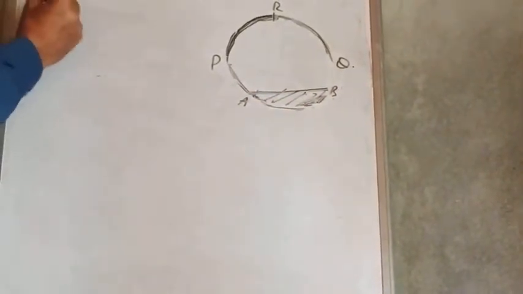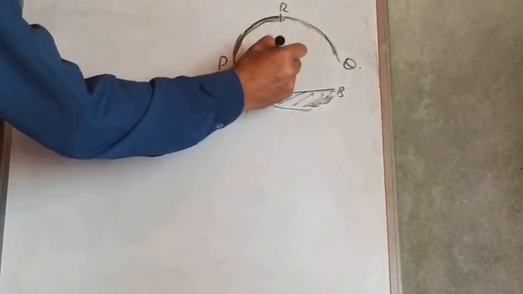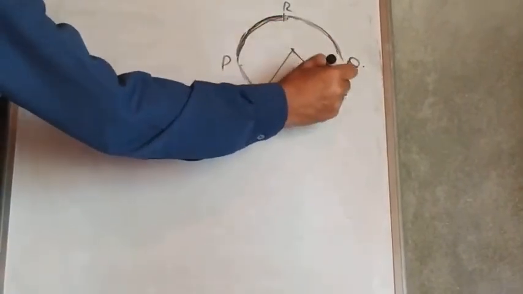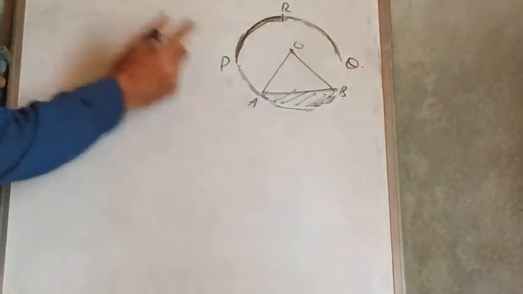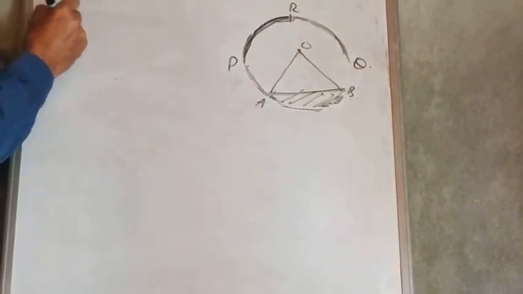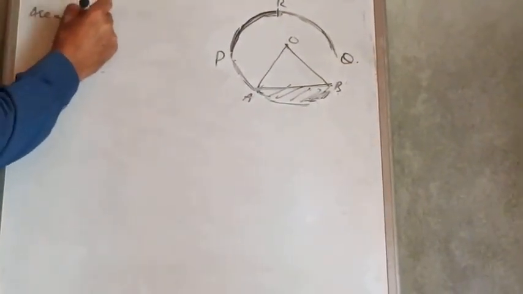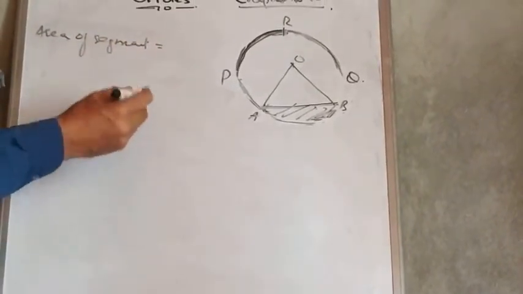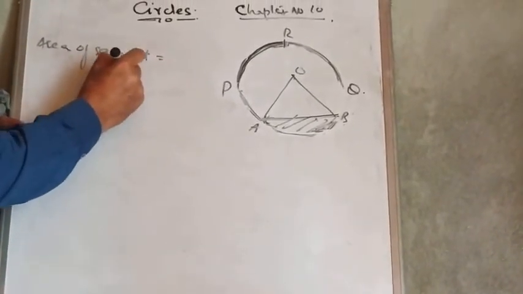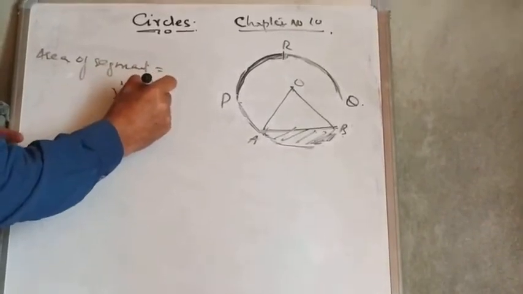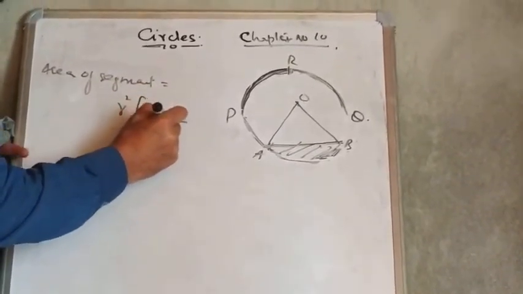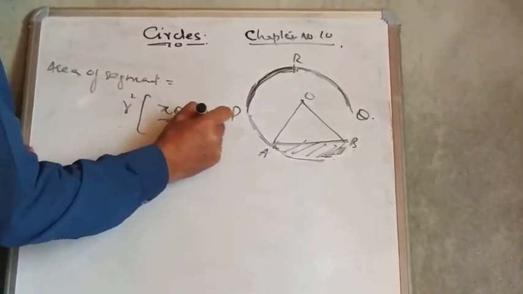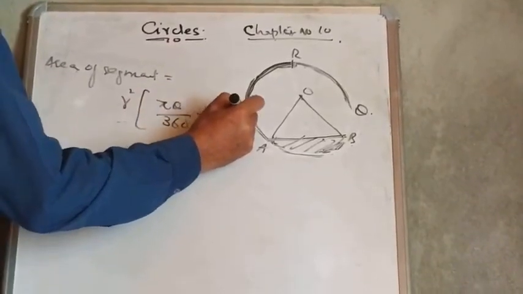Area of the minor segment is equivalent to r square pi theta divided by 360 minus 1 by 2 r square sin theta.